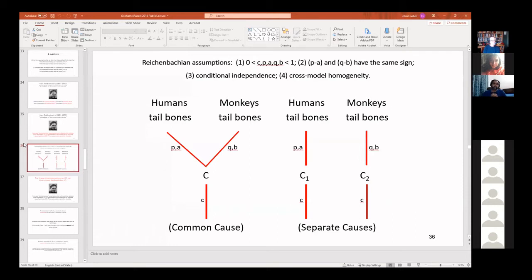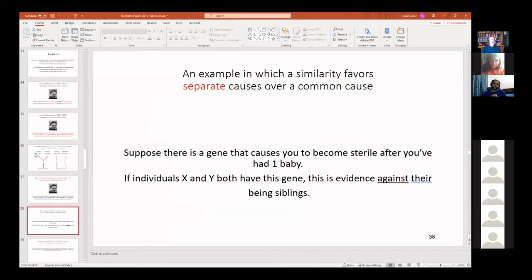So let's see now. Okay, so this is one kind of problem for the Reichenbachian assumptions. There's a gene that causes an individual to become sterile after it has one baby. And suppose individuals X and Y both have that gene. That's evidence against there being siblings, which would be the common cause hypothesis that I want you to consider.